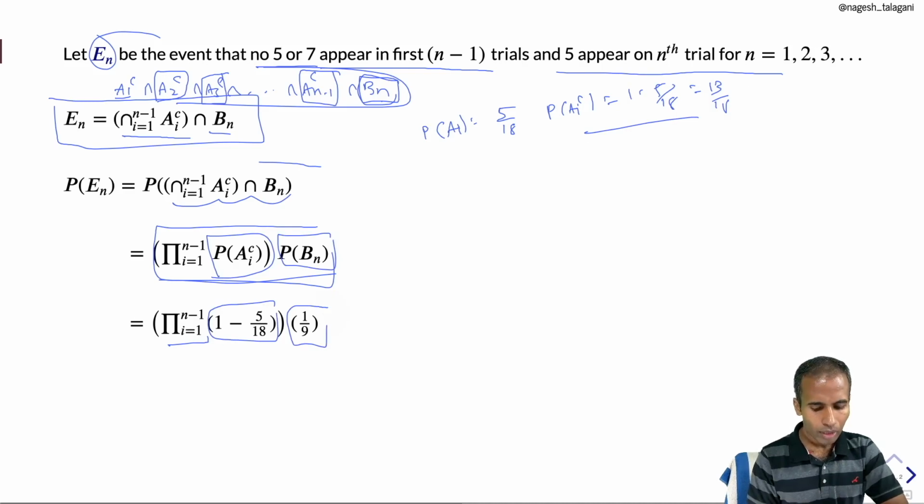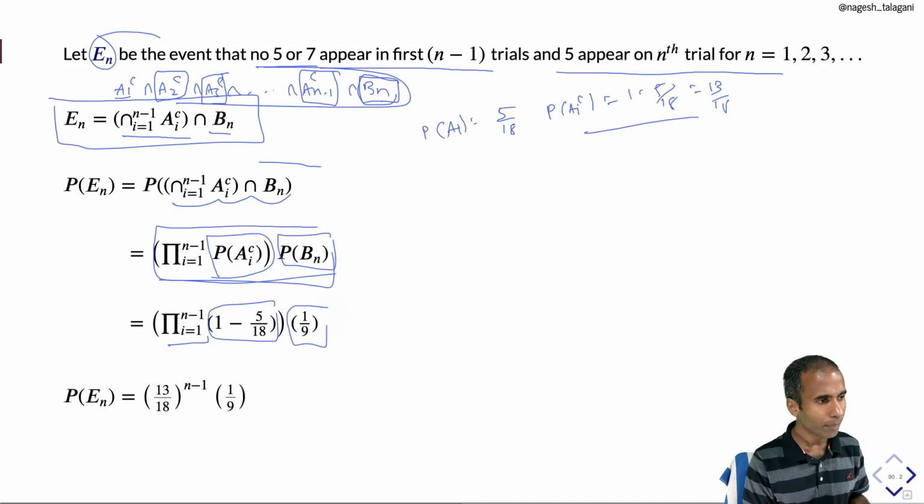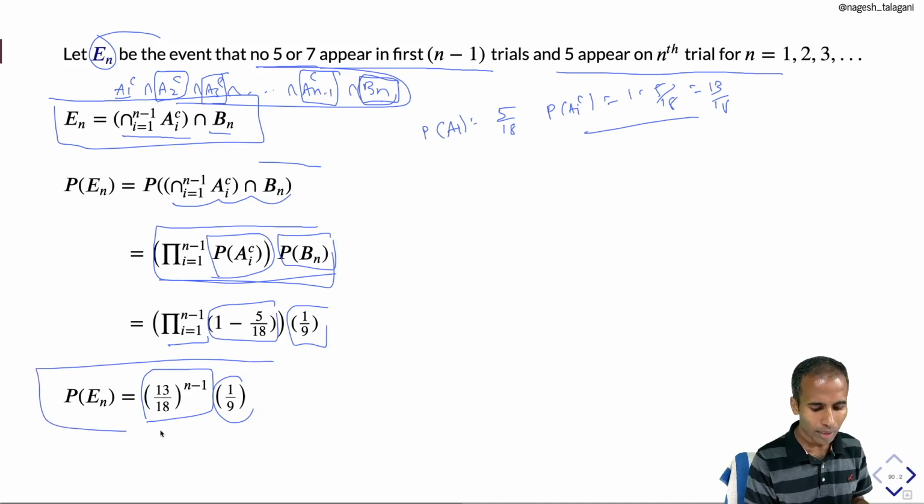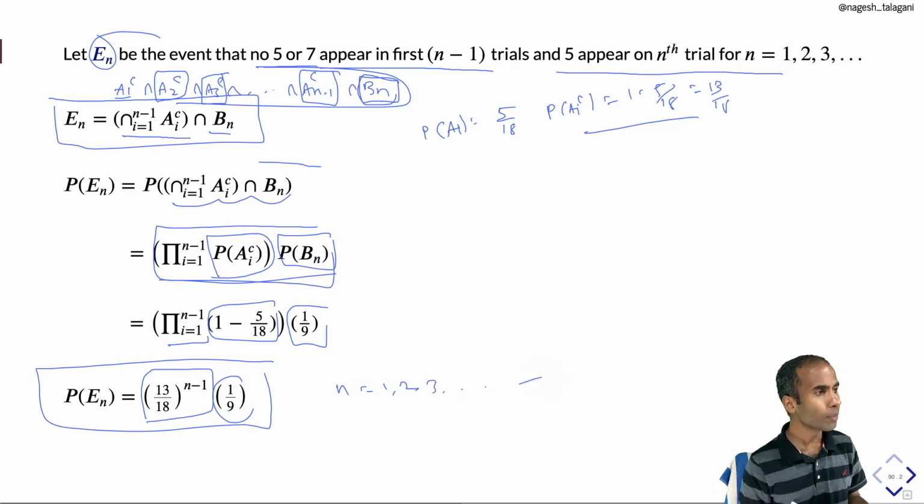This whole thing simplifies to 13 by 18 to the power of n minus 1 times 1 by 9. This is the probability of En for all n equal to 1, 2, 3, and so on.